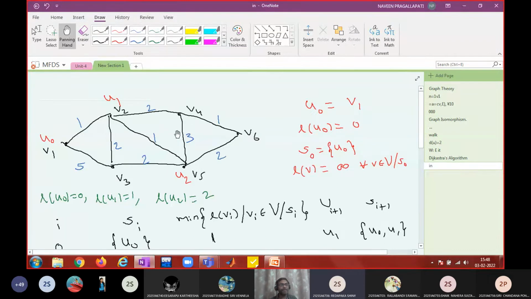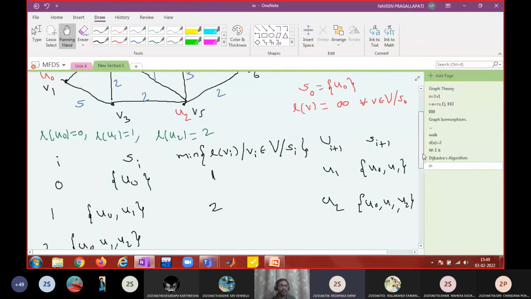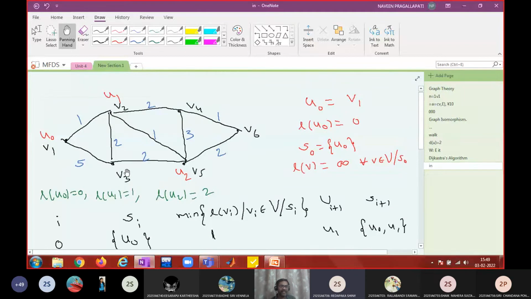Which one do you want to select as the next U, V3 or V4? You need to add these two to the walk length from the vertex to every element of the set S. Shall I select V3 as the next element?